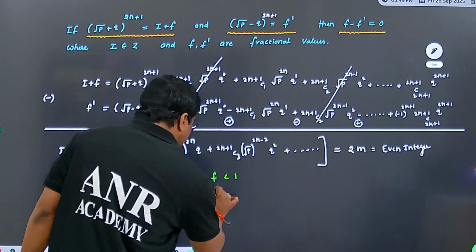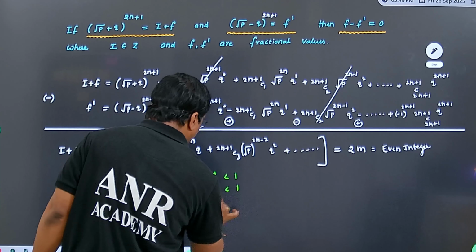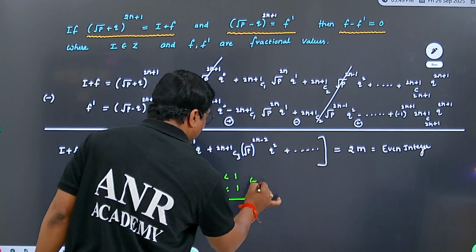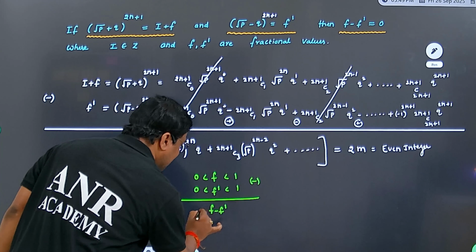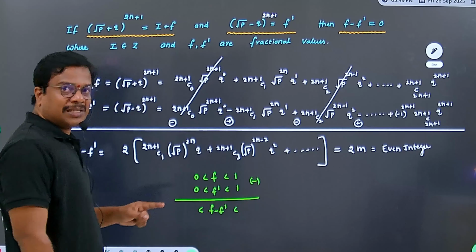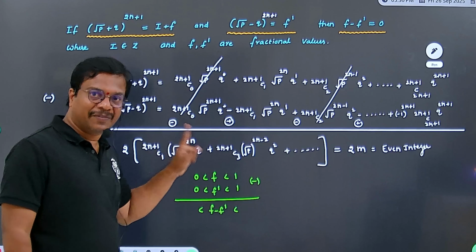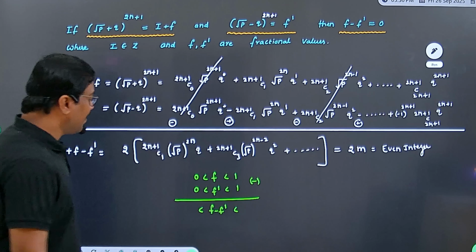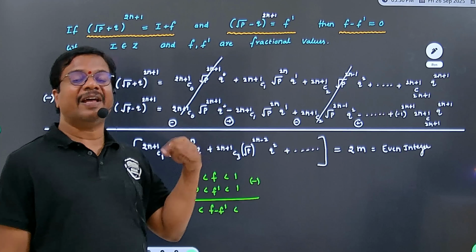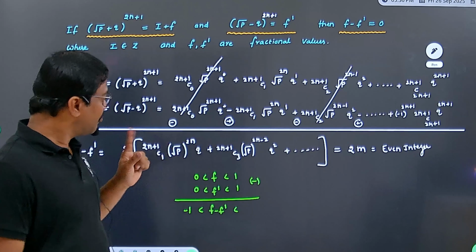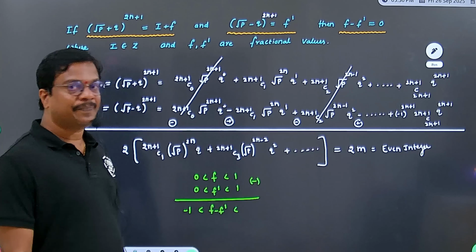Now f dash also, the fractional part value is in between 0 to 1. Now the difference of these two, I am going to write, f minus f dash lies between. In case f value is 0 and f dash value is maximum 1, you will get minimum minus 1. f is 0, f dash suppose 1, on subtraction 0 minus 1 gives the result minus 1.